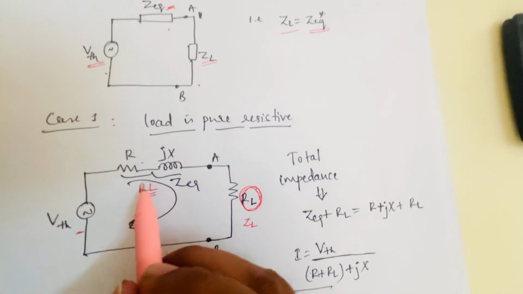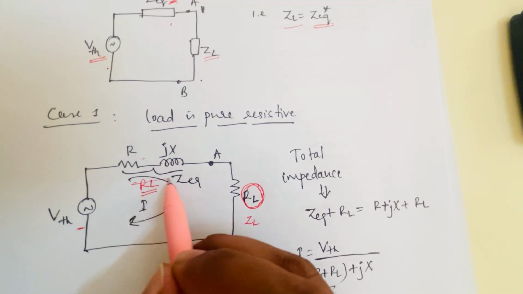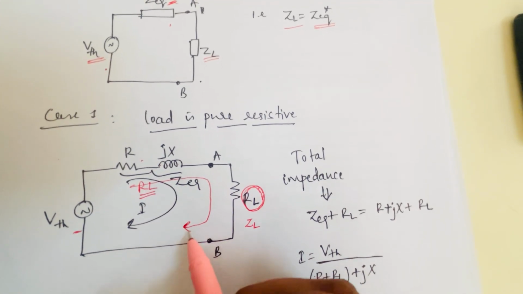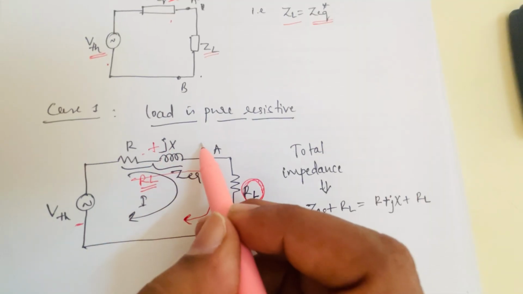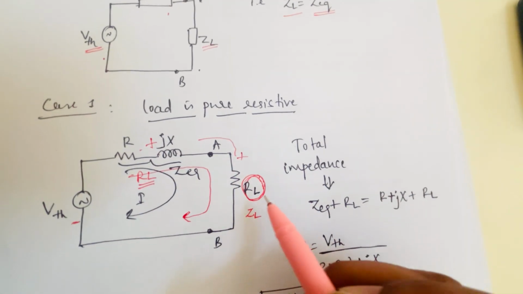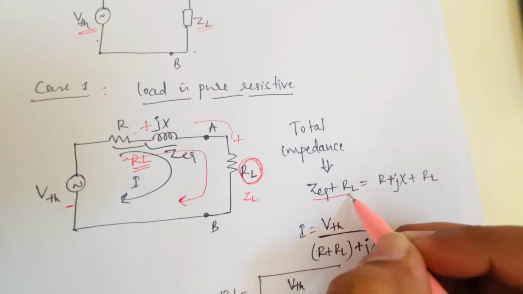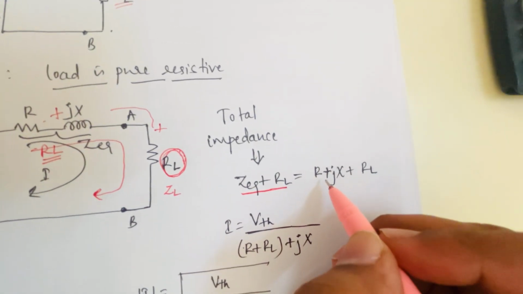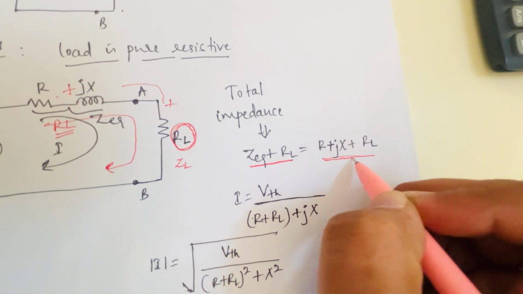Now you write the total impedance, which is in series: R plus JX plus RL, so you can write it as Z equivalent plus RL, that is R plus JX plus RL.